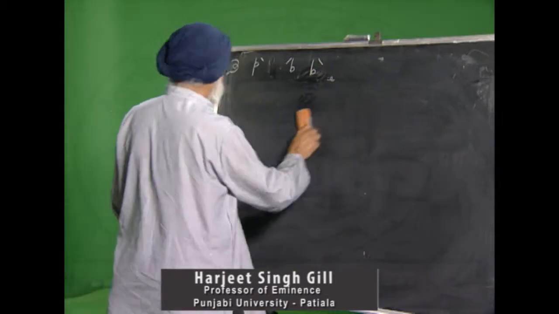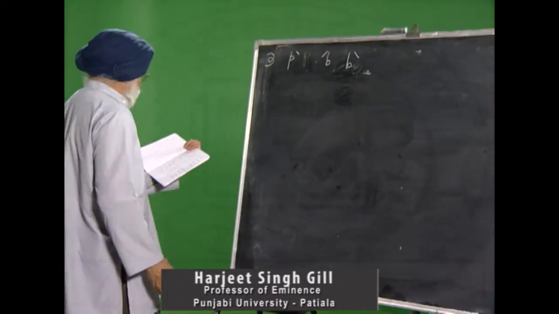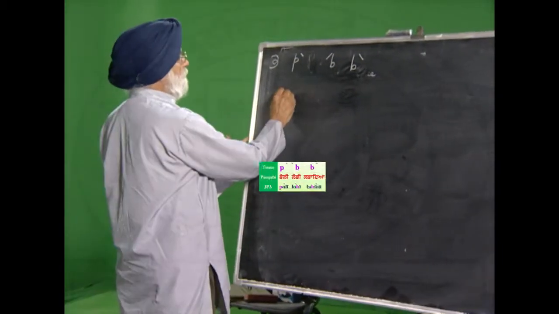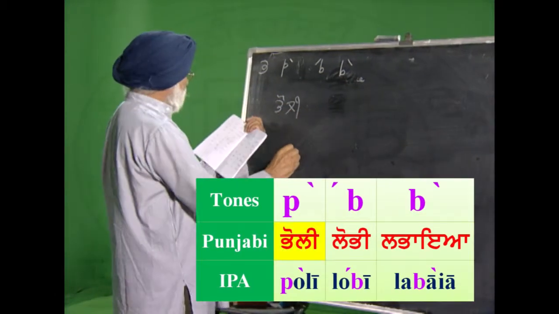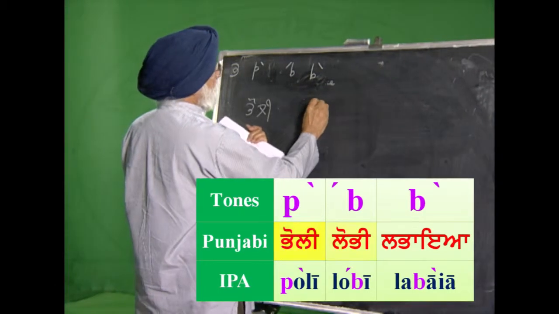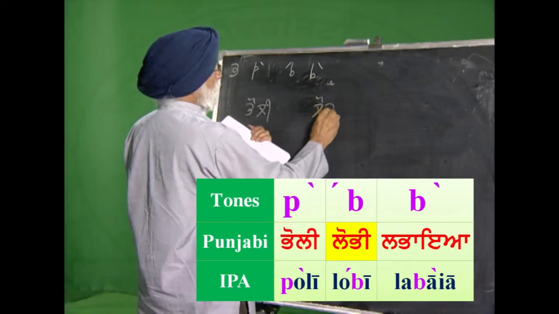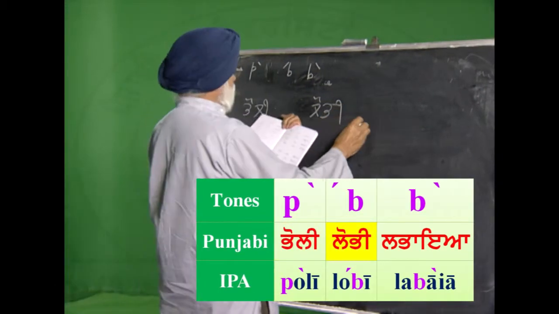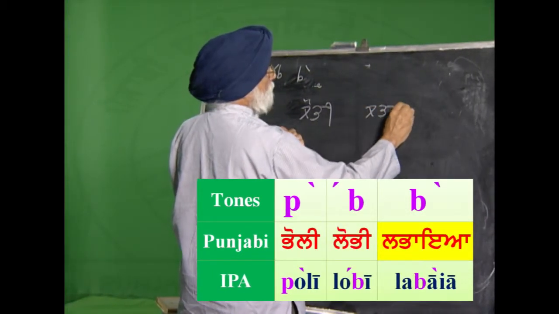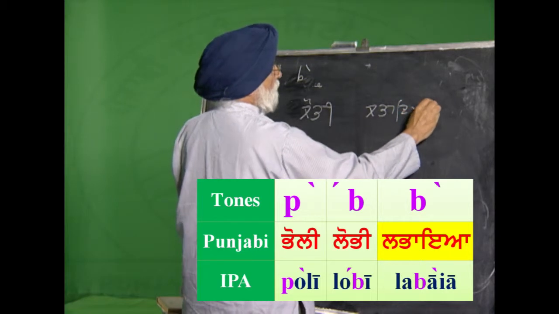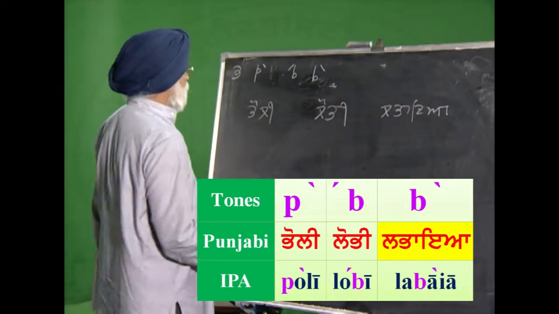We have one or two more examples just to show that. For example, you can have another word, poli, you can have lobby and labaya. Generally this last is a causative verb.